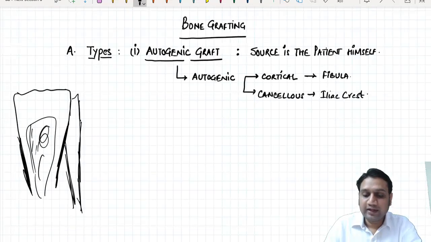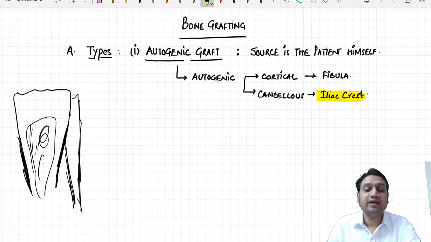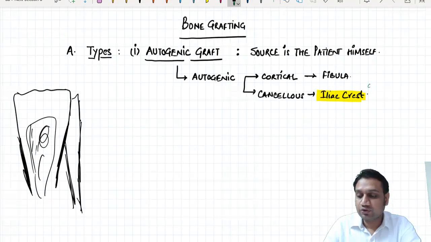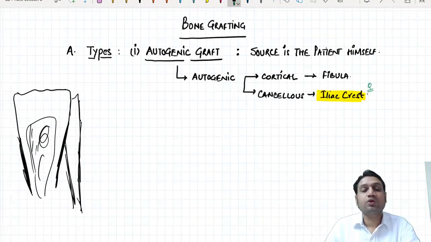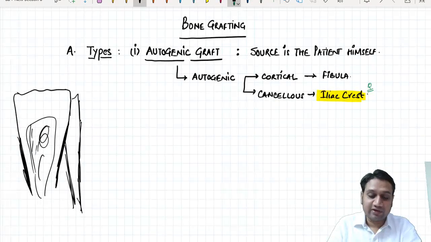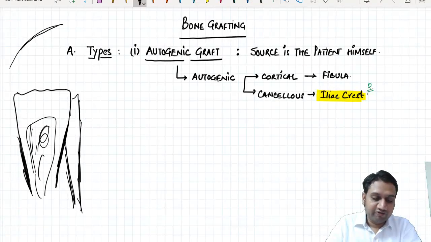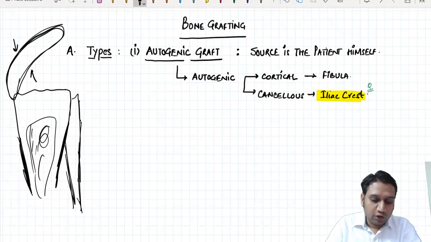Now, if overall they ask you what is the best source of a graft harvest, you should remember that the iliac crest is the best source for any kind of graft. Why? Because the iliac crest can give you both the cortical as well as the cancellous graft. The outer table, the margin that you feel over your skin, the upper part is all cortical.